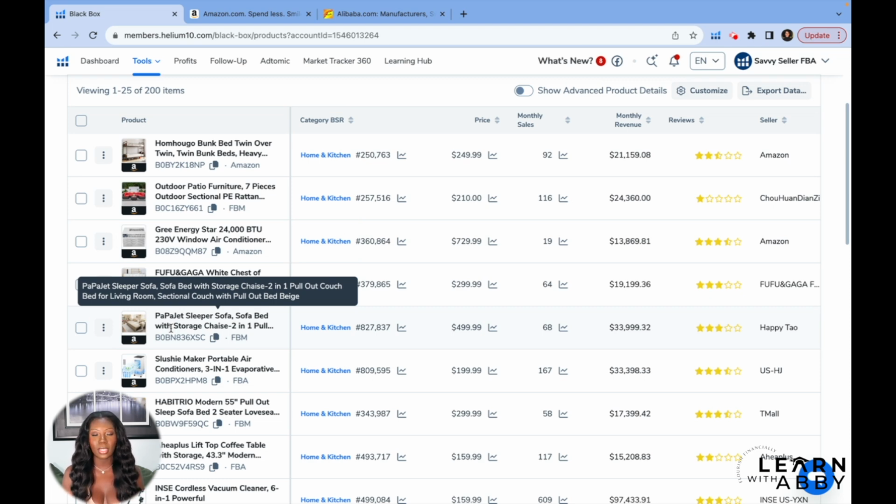I'm not selling anything that's going to be oversized. I'm not selling anything that's going to be too heavy because that will cost me more money in shipping, and that's going to make it more expensive for me to source the product. And the more expensive it is to source the product, theoretically, the smaller and smaller my profit margins are going to look. And so just as a seasoned Amazon seller, I already know that I'm not looking at patio furniture.